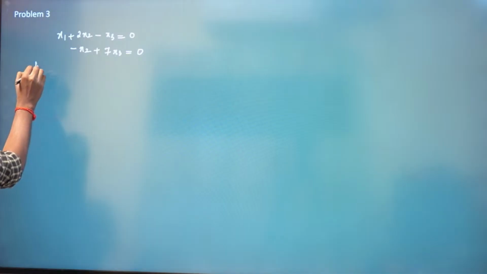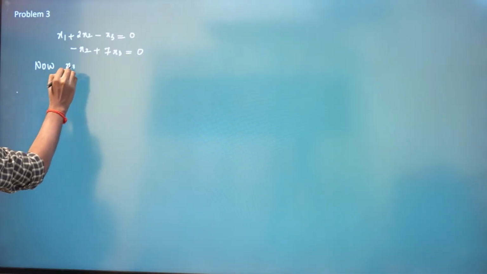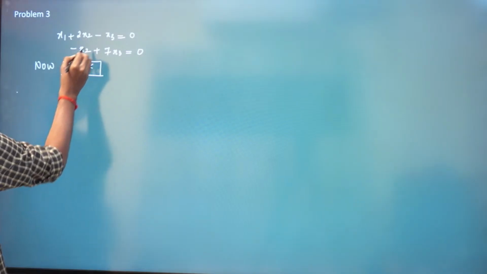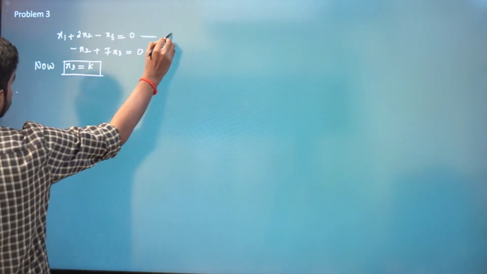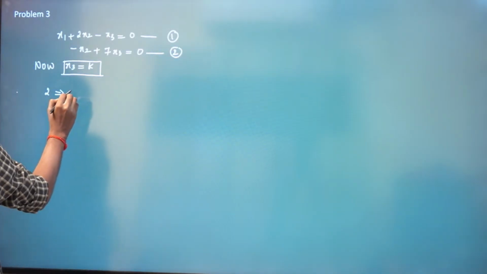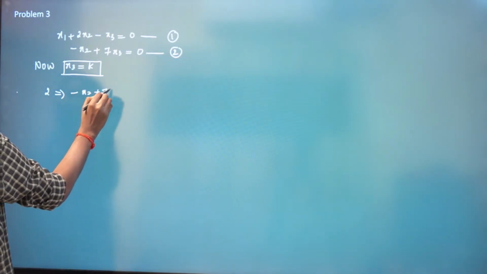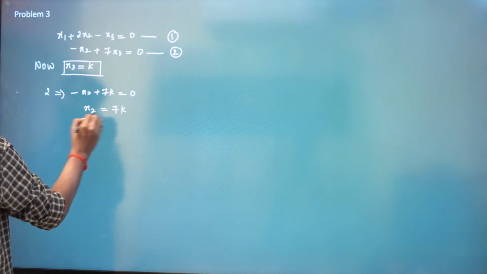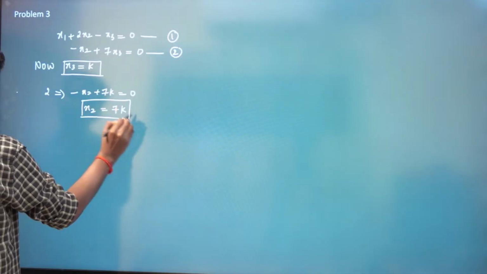We know that x3 is equal to k by assumption. Call this equation 1 and this equation 2. So from 2, minus x2 plus 7k is equal to 0. That means x2 is equal to 7k, right?